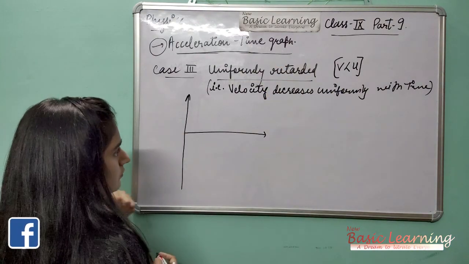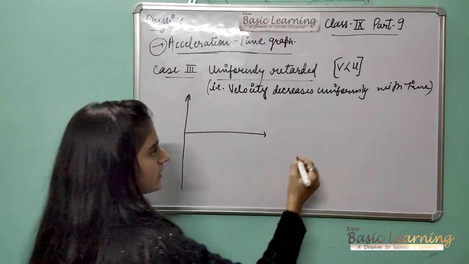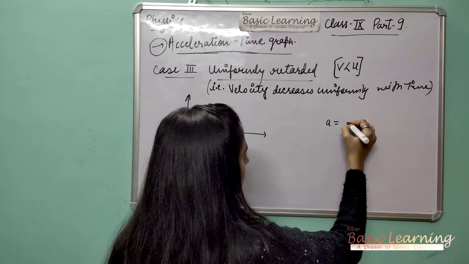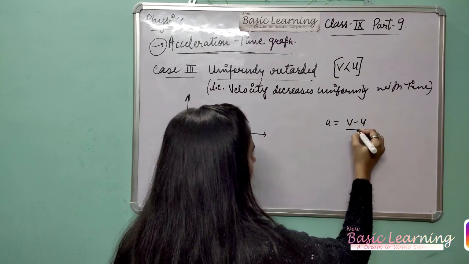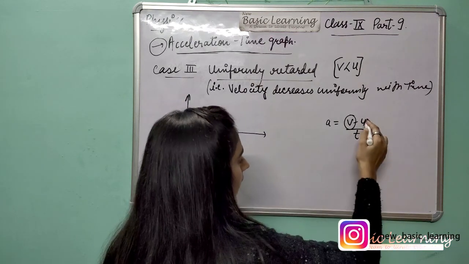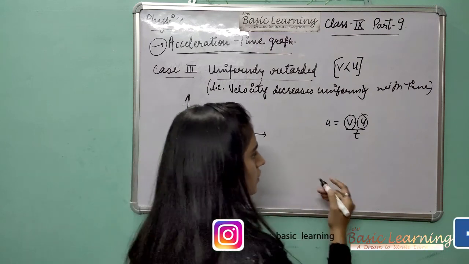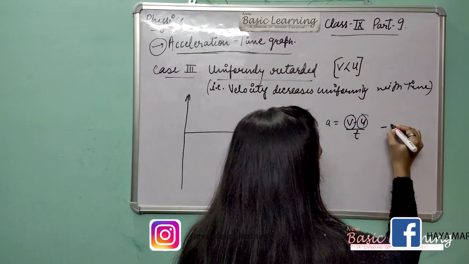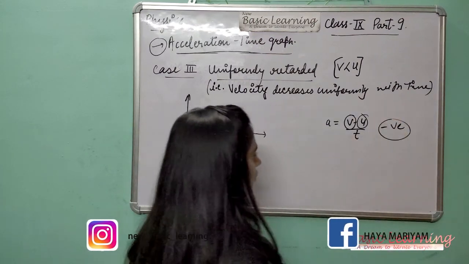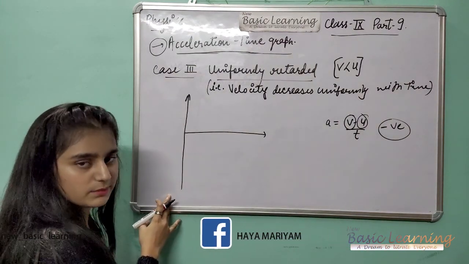So now, for this, the graph will be... we can analyze that acceleration is equal to (v minus u) upon t. When the final velocity is less than the initial velocity, we will get negative acceleration, and negative acceleration we get below the time axis.